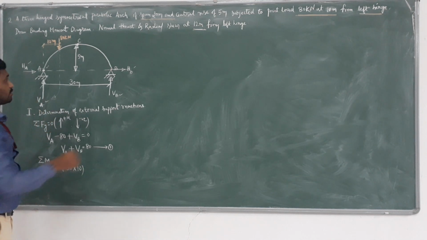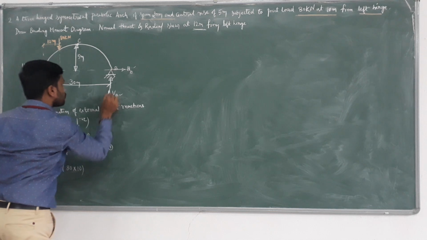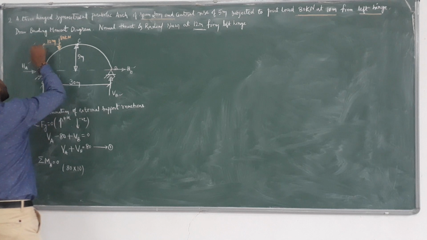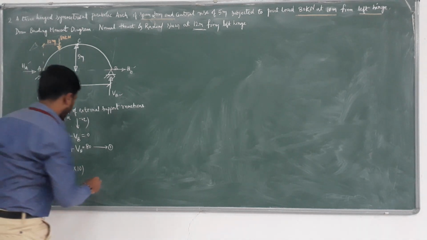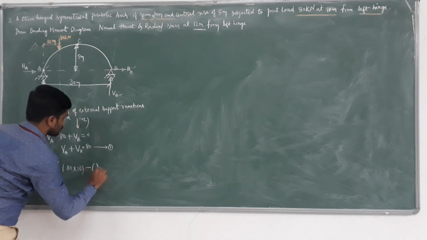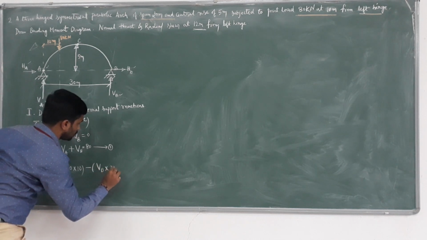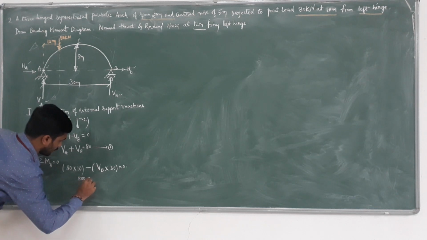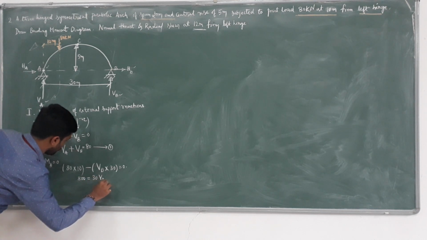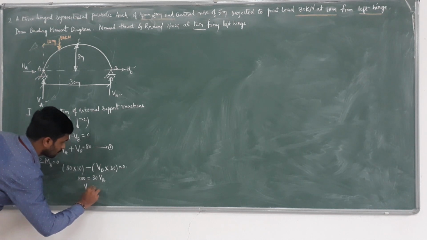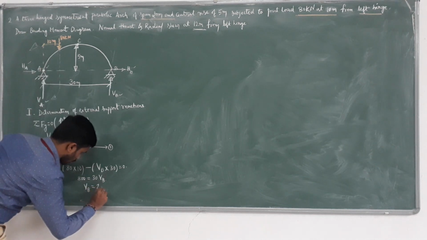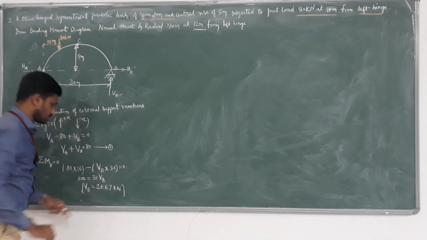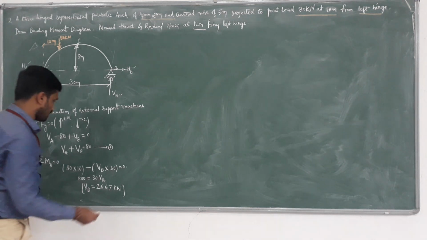VB moving in upward direction because of this span of 30 meters takes a turn anti-clockwise. So 80 into 10 minus VB into 30 equals 0. Now 800 equals 30 VB. So what is the value of VB? 800 by 30, we are getting 26.67 kilonewton.